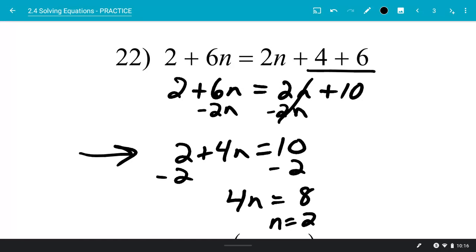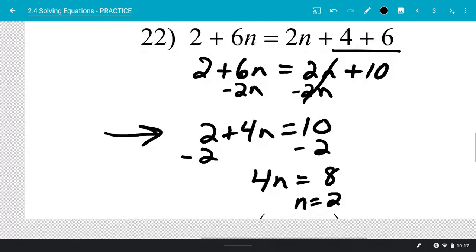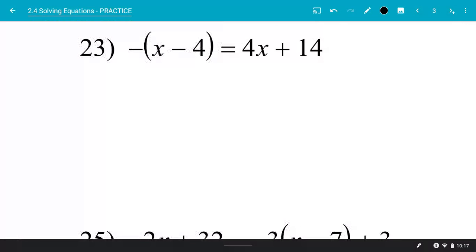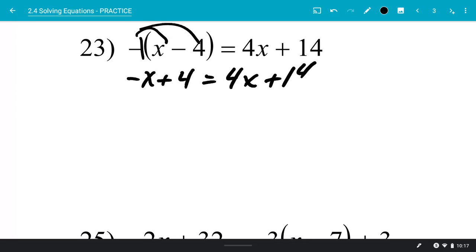Okay. I'm going to stop putting some of the work down. Stay with me. See the distribution of a negative 1? Negative x plus 4 equals 4x plus 14.